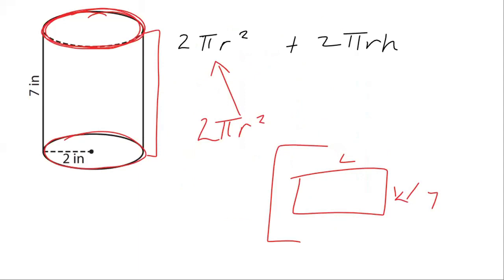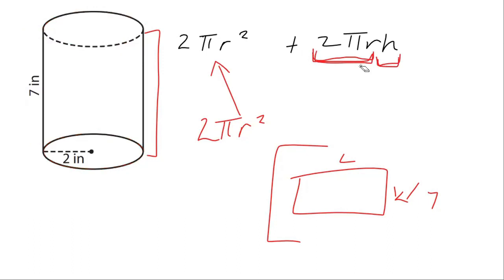The circumference of a circle is 2 pi r. So this portion here is the circumference of the circle multiplied by the height, which we know is 7, but we can just think about it as h for now. Now, this is the circumference of the circle multiplied by the height that is over here. So that is how this formula was originated.